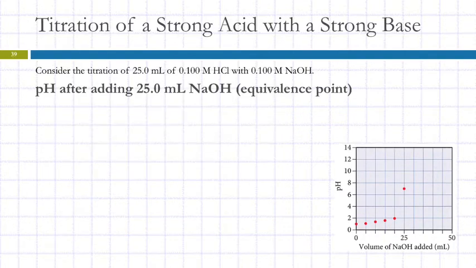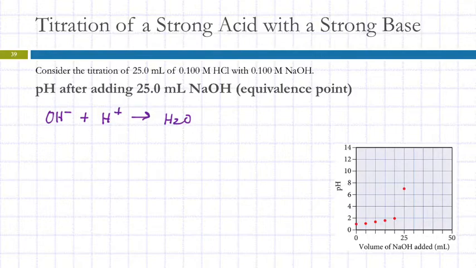Okay, let's figure out what the pH is at the equivalence point. So we've got hydroxide ion, we've got hydrogen ion, and those are making water. We have now added equal amounts of the acid and the base in terms of moles.